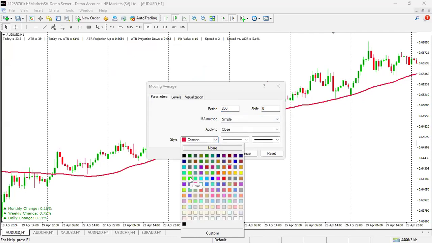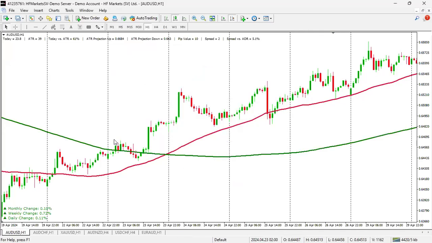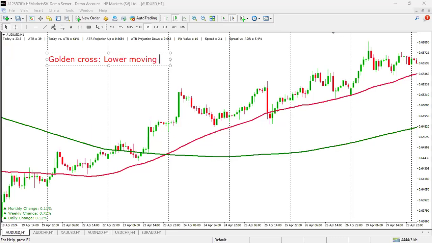Let's give it another color. Maybe green will do. Great. Now, in the first place, golden cross. Lower moving average, or the one you call the short-term moving average.